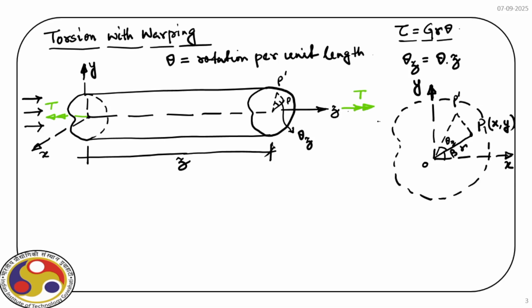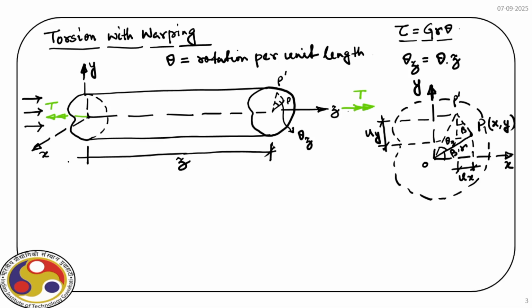Now from this geometry, we can find out the displacement along x and along y. This is displacement along x, so we call it ux, and this is displacement along y, so we call it uy. Obviously, we can identify this angle also, and this angle is again beta.